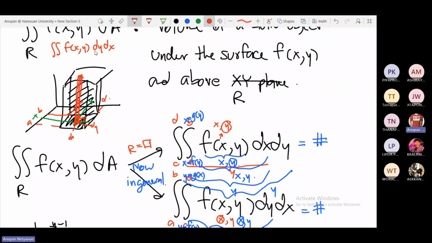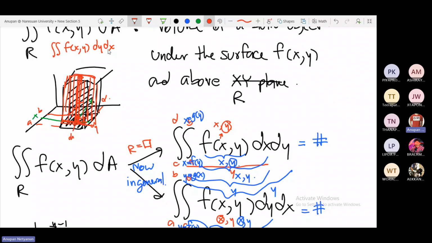When you do the integration with respect to y first, the running number for y is from here to here. It means you add the poles together, so you get a row of poles on this line.